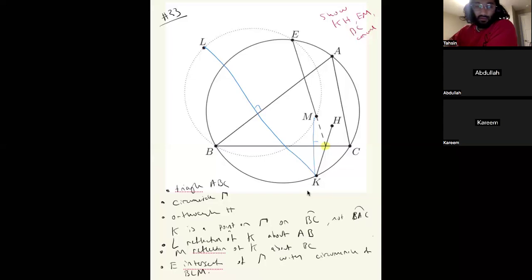There's an important lemma involving the orthocenter and the circumcircle that's relevant here. Do you guys know what this lemma is?